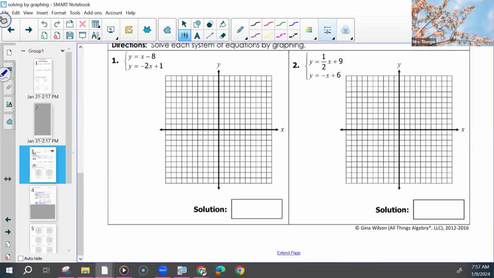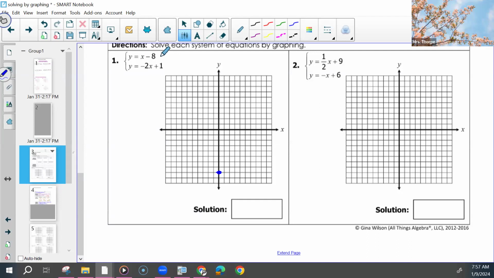So for the first one, these are both already in slope-intercept form. How would I start graphing this first one? Where would I start? The y-intercept of -8. These are 10 by 10 graphs, and that helps, that way you don't have to count. So start at -8, and then our slope is 1.